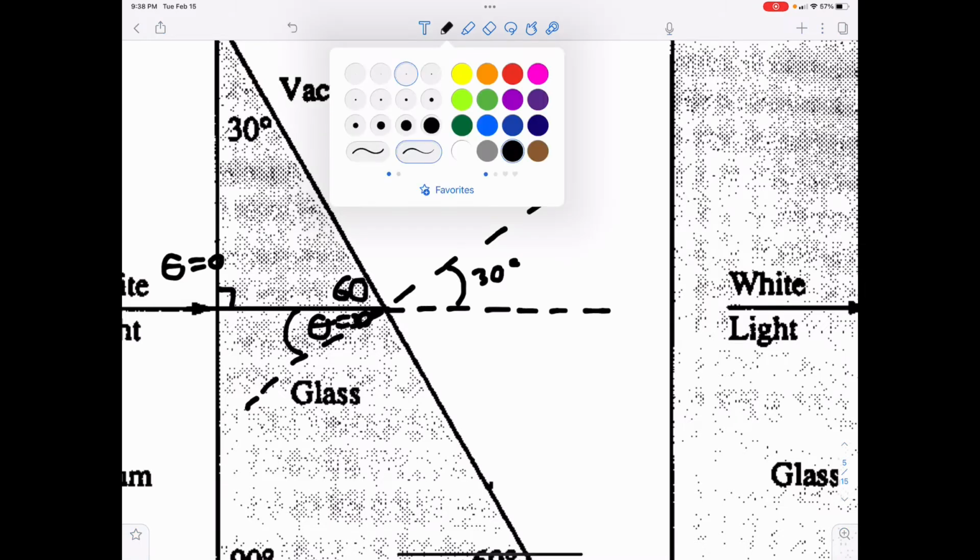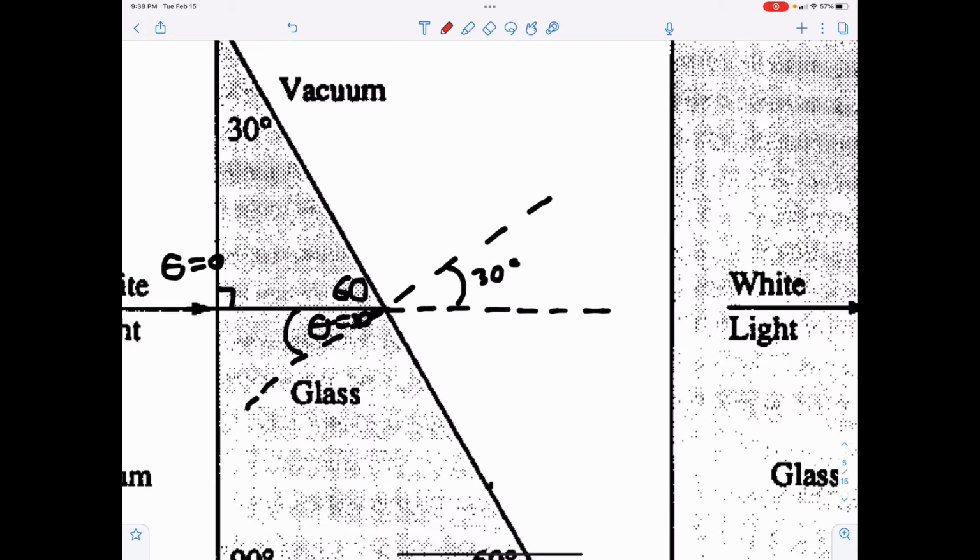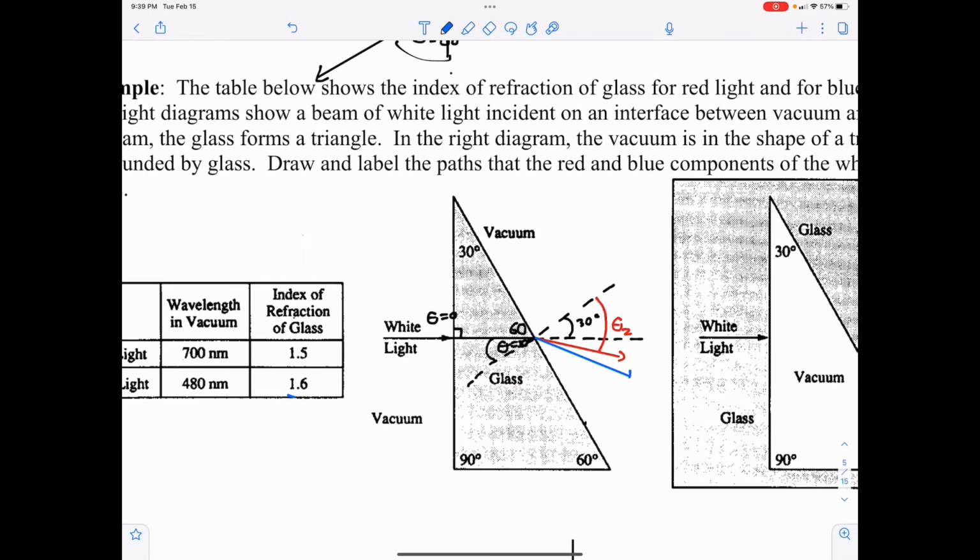What this tells you is that the red light is going to bend at a certain angle, a certain theta 2, but the blue angle is going to bend more. The blue light is going to bend more because it has a higher index of refraction.